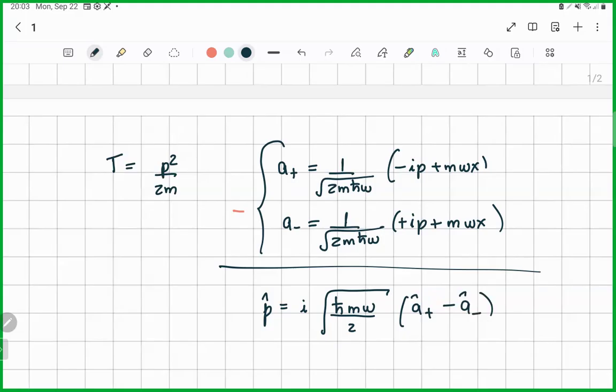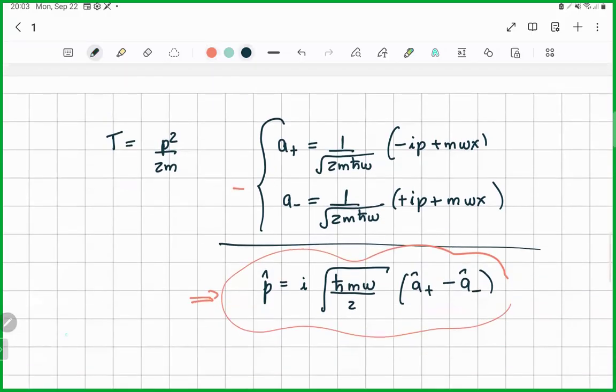With this, you can then obtain the expectation value of the kinetic energy, just as we did for the potential energy, and you're going to find the same result. So potential energy and kinetic energy, each of them is half of the total energy of the state.